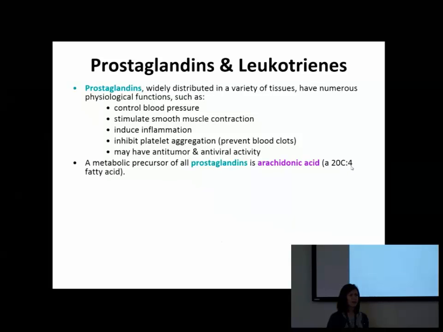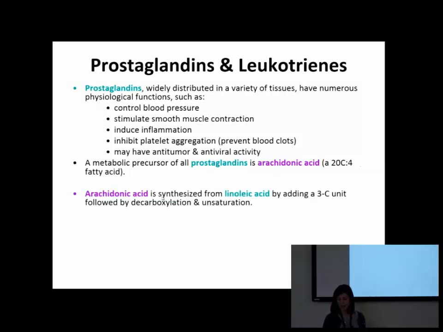So it's 20 carbons long, and it has 4 places of double bonds. And we showed arachidonic acid, this fatty acid, in a previous slide when we were covering fats. So it comes from arachidonic acid, and we make that from linoleic acid by adding a 3-carbon unit.